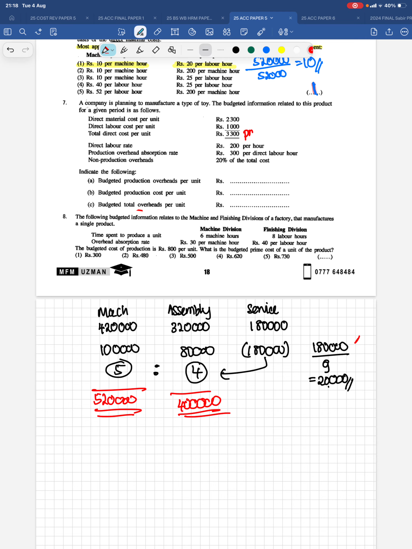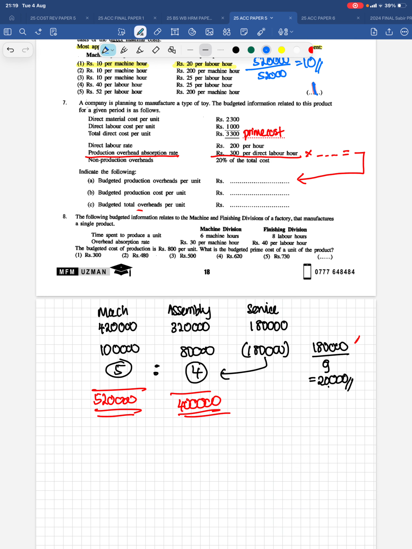They have mentioned the prime cost as 3,300. The question is asking for the budgeted production overhead per unit, not per hour, per unit. They have given the budgeted overhead absorption rate per hour, which is 300 per hour. If you multiply by the number of hours per unit, you would get this answer. Is it clear? However, how to find that?